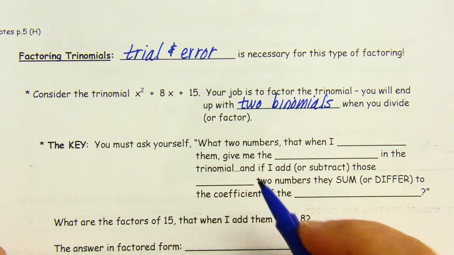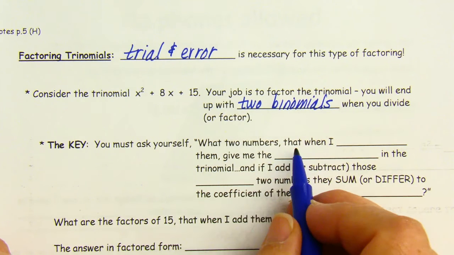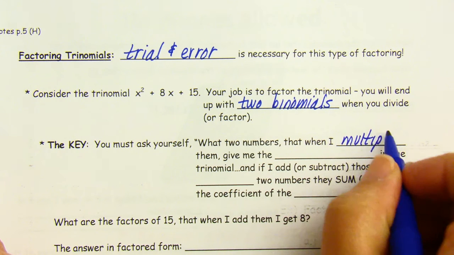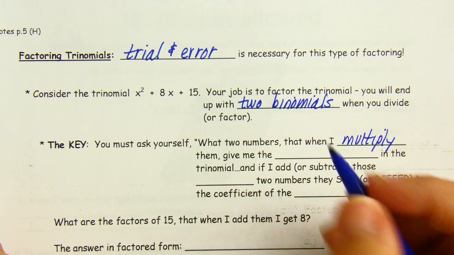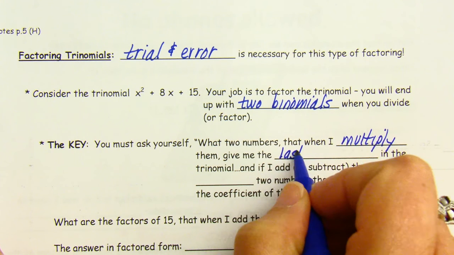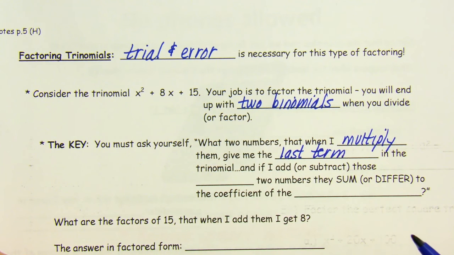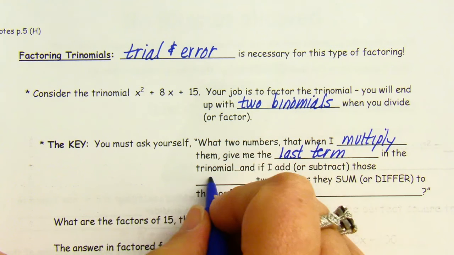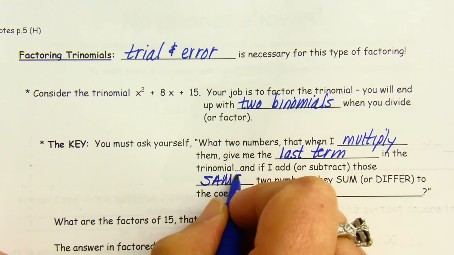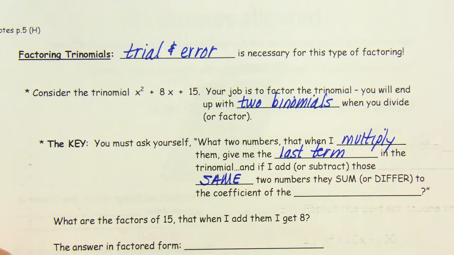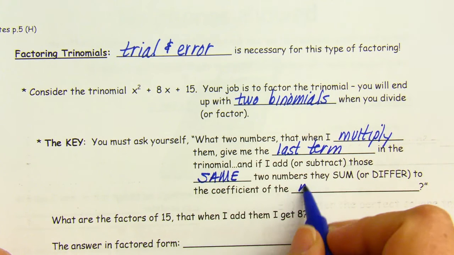You have to ask yourself, what 2 numbers, when I multiply them, give me the last term in that trinomial, and if I add or subtract those same 2 numbers, they are going to either add or subtract to the coefficient of the middle term.